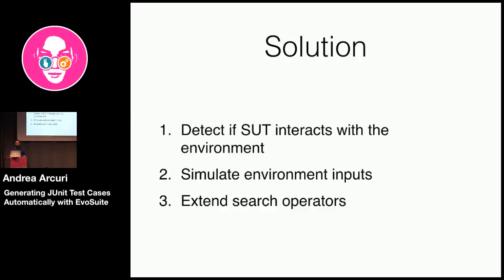But the interesting thing is that you can actually manage to generate test cases for this type of class automatically. And the solution, again, is bytecode instrumentation. The idea is that when you test these classes, you can check which parts of the environment they interact with. Then you can simulate those environment inputs and extend the search operators in your search to handle those inputs as well.